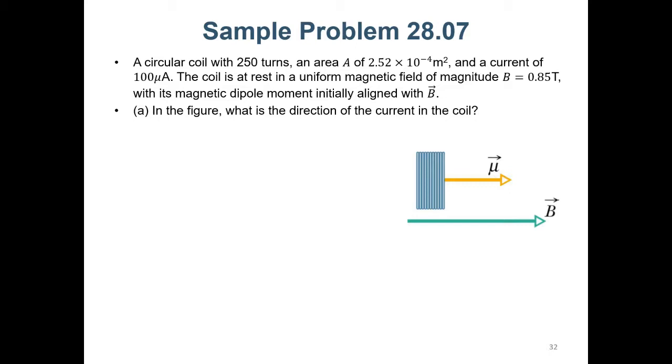In the figure, what is the direction of the current in the coil? So it will be something like, this is mu, something like this.